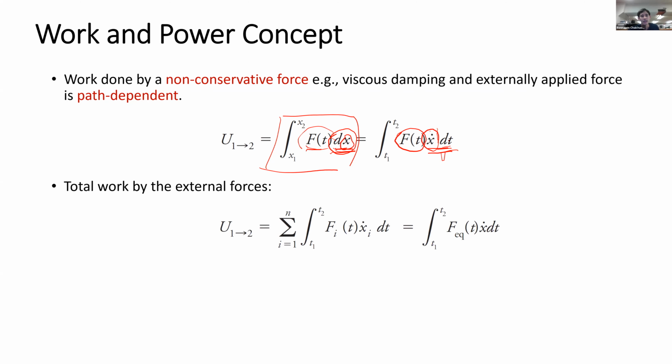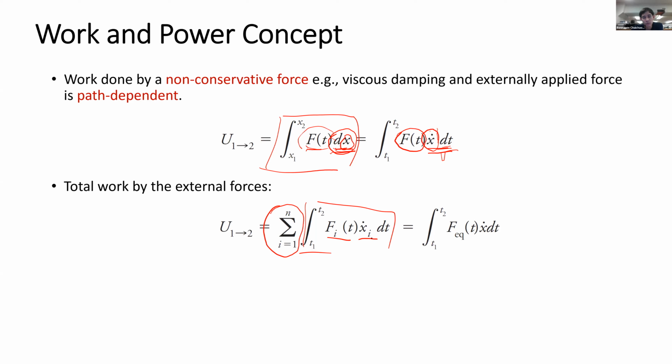And if we have more than one external force in the system, the total work done by the external forces is the summation of the integral of each force against the displacement.